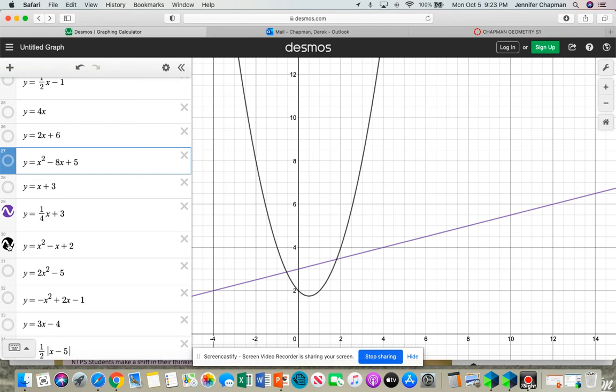Number 23, 1/4 x plus 3. That's my purple function. And then x squared minus x plus 2 is my black function. This is still equations, so I just want to know where they cross. So x equals negative 0.554, and x equals 1.804.